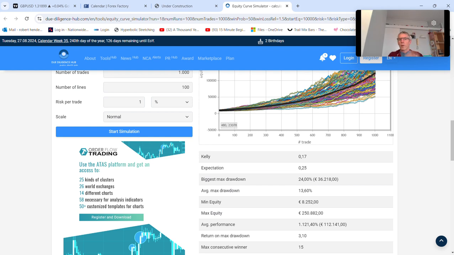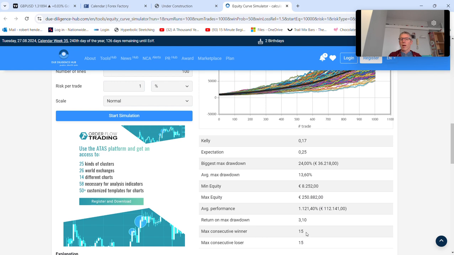Over all of these 100 lines, each of these is 1,000 trades, and the biggest drawdown out of the 100 lines and 100,000 trades was 24%. The average drawdown, which is just all of the drawdowns divided by the count, is 13.6.